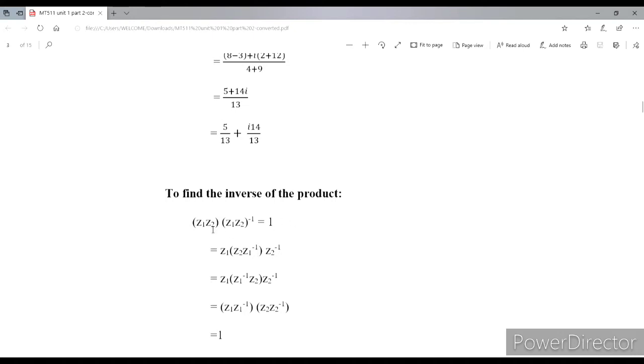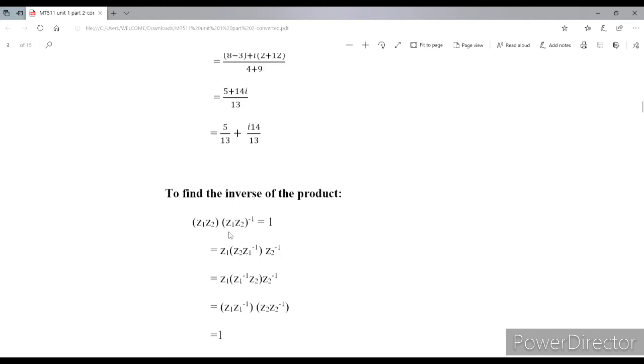We know that the product of a complex number and its multiplicative inverse is equal to the multiplicative identity 1. Therefore, Z1 Z2 into (Z1 Z2) inverse is equal to 1.